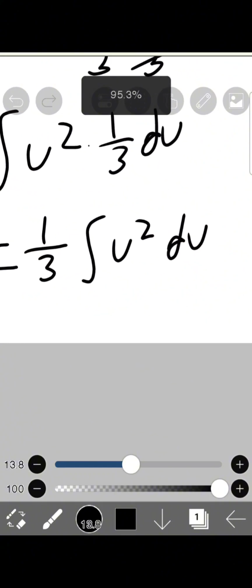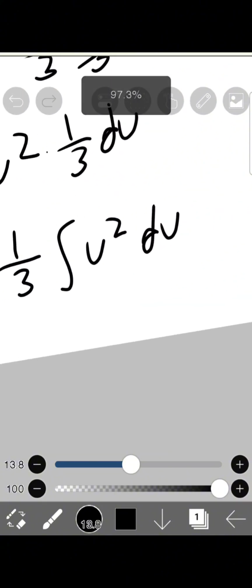So we can apply our power rule for the antiderivatives.